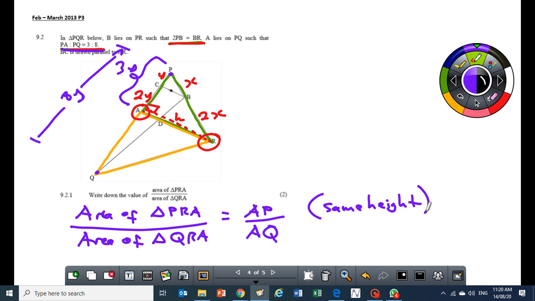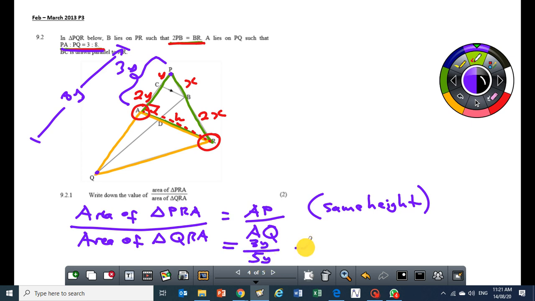We are saying the ratio of the areas is equal to the ratio of their bases because they have a common what? A common height. That's the reason. So we know that AP is equal to 3y and AQ is going to be equal to 8y minus 3y, which is 5y.